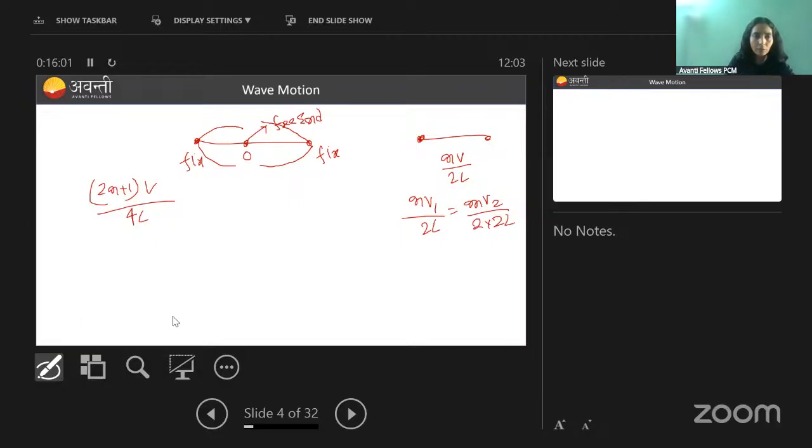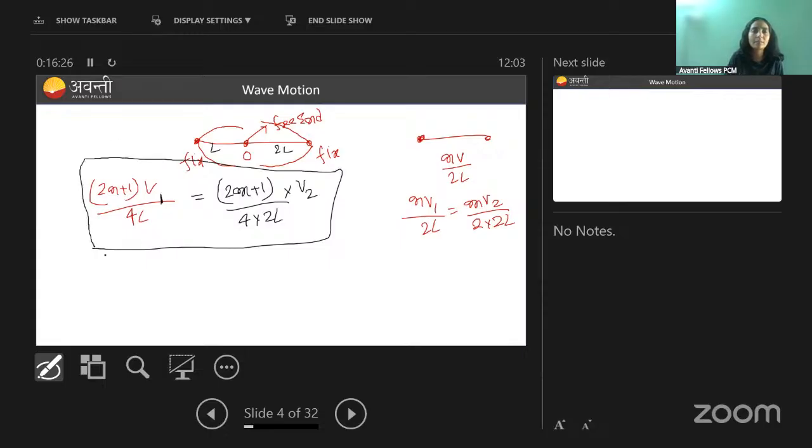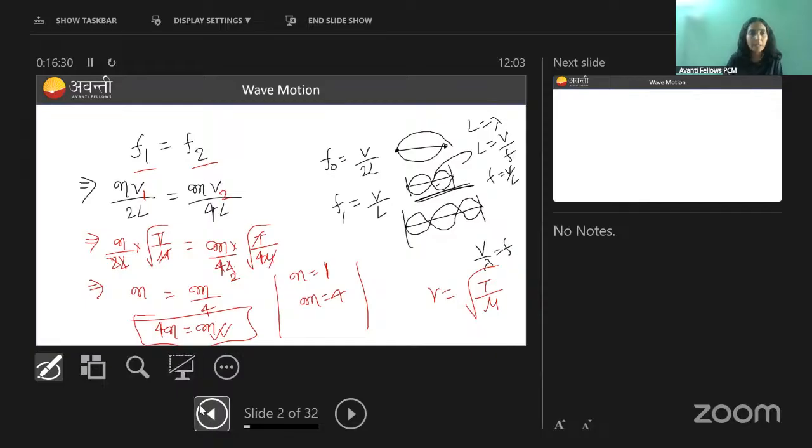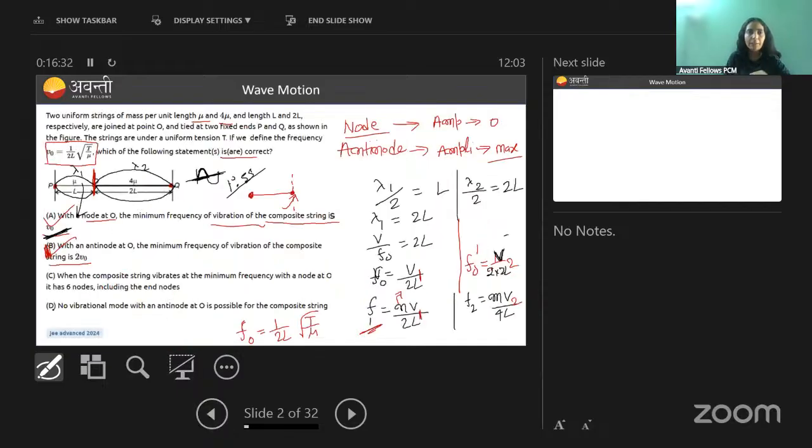You people do it. What will you do? (2n plus 1) v by 4l will be equal to (2m plus 1) into V2 by 4 into 2l, because here the length is 2l and this is l. Into V2, you will write V1. What are the values of V1 and V2? V1 is root under T by mu. V2 is root under T by 4 mu. So you will put the values and try to see what is the minimum frequency you will be getting. You can check option B. It is the same as option A, so we don't need to solve it.